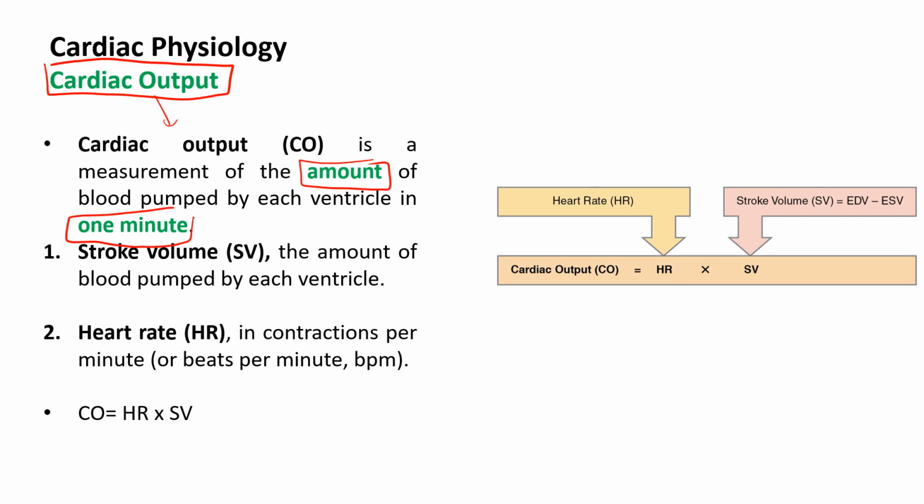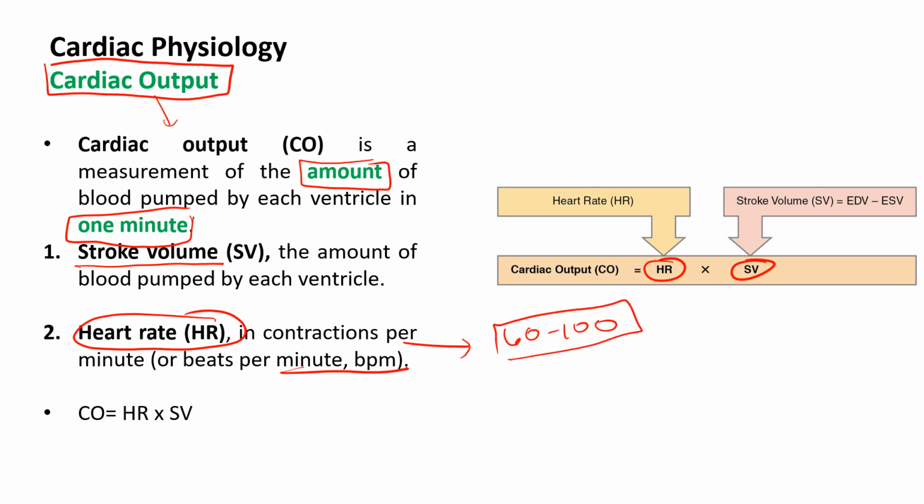Because look, if you read stroke volume, which by the way, how we calculate the cardiac output is by multiplying the stroke volume times the heart rate. The heart rate, as you know, is how many times the heart contracts in a whole minute. And we said that the normal heart rate is between 60 and 100 beats per minute, right?